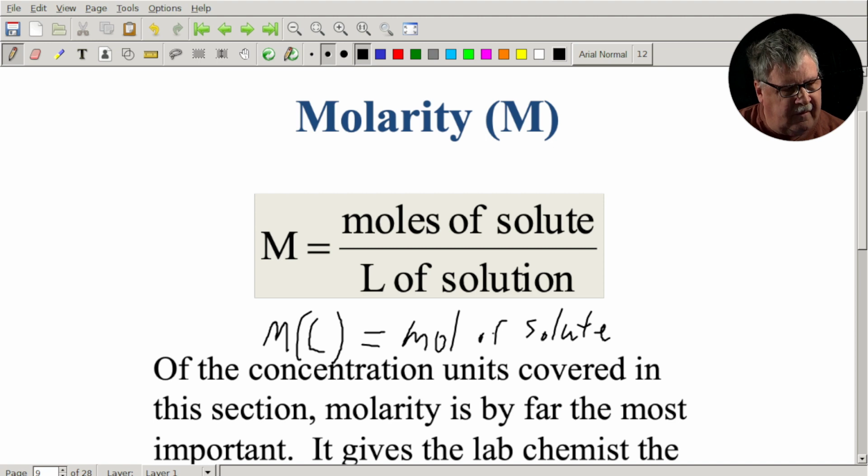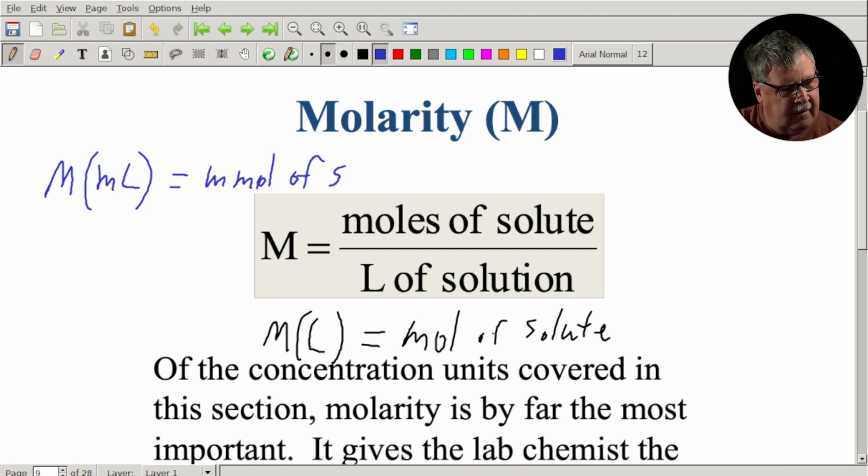Another way we could approach this, which we will be using later in the semester, is if we multiply the molarity of a solution times the volume of the solution in milliliters, that will give me millimoles of solute.